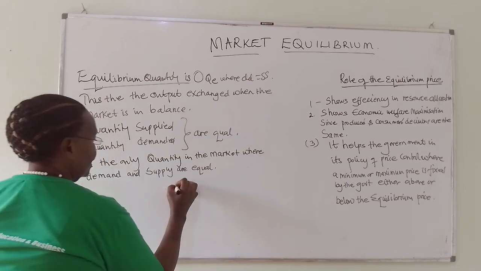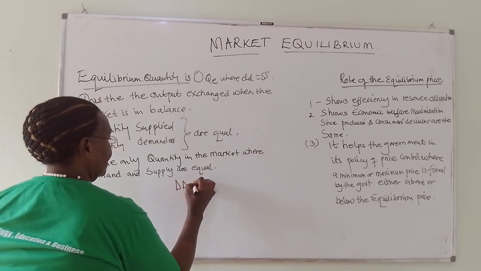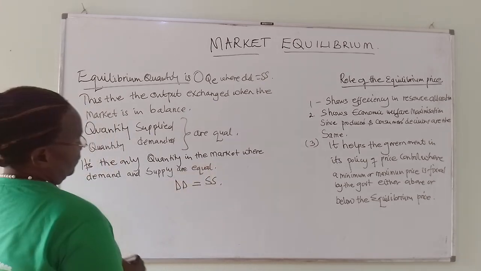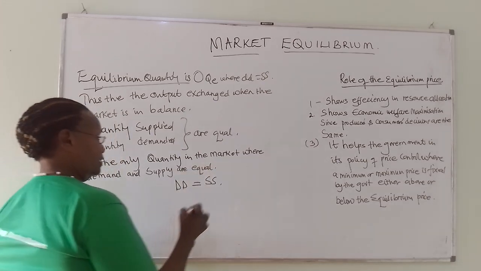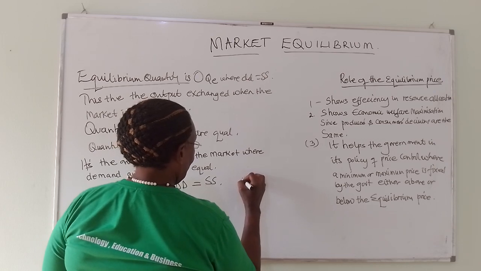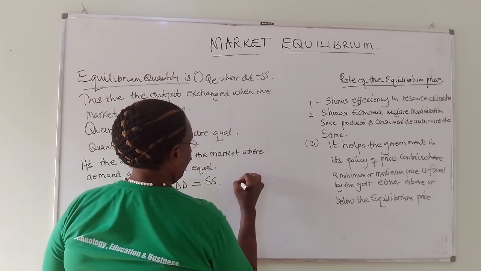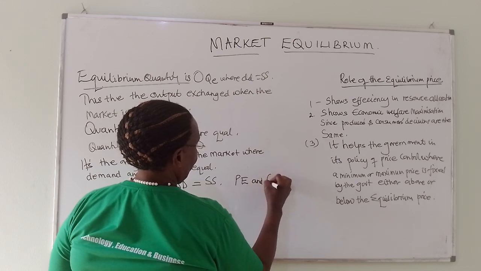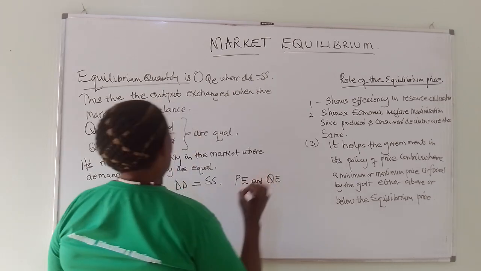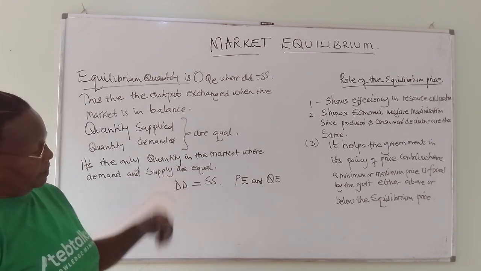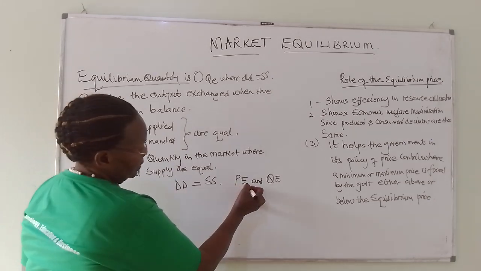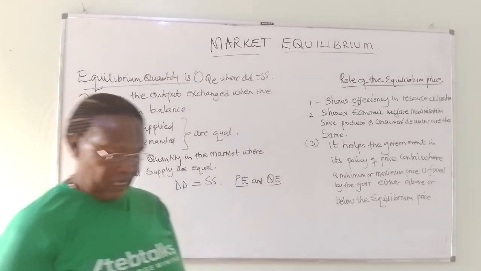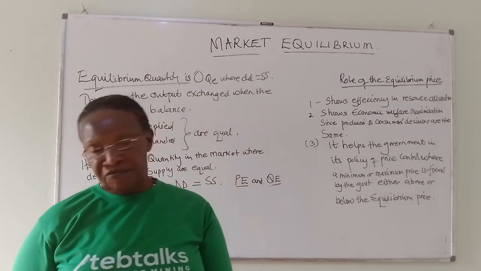So we can say that our demand and our supply are equal. And what you get is the equilibrium price and equilibrium quantity. So where demand and supply are equal, what you get is the equilibrium price and the equilibrium quantity, as illustrated in our graph.